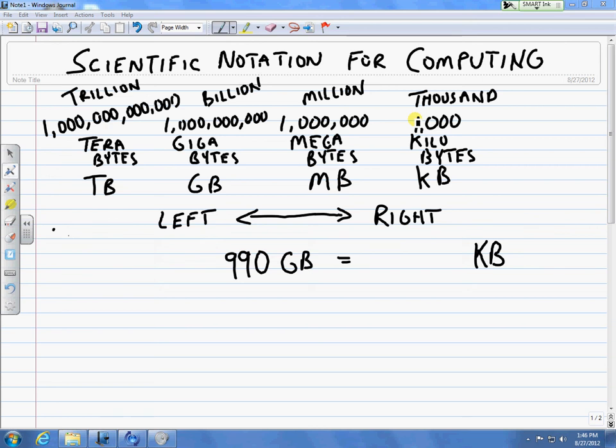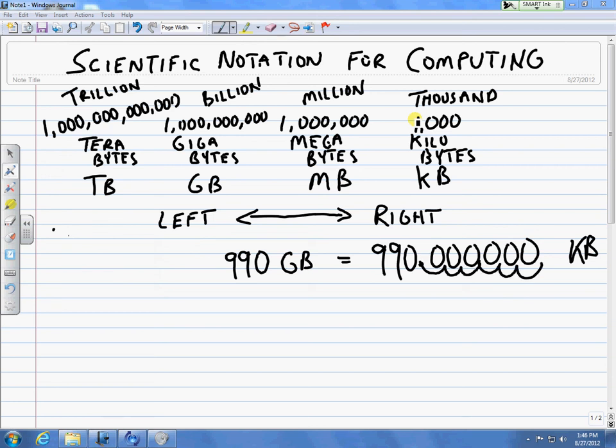So let me give myself a little room as I move through this. I start with my 990 gigabytes. I put my decimal position here. And again, I can put zeros on here. I'm going to move it to go to kilobytes. 3 positions, so 990 gigabytes is going to be 1, 2, 3, 990,000 megabytes, or 1, 2, 3, 990 million kilobytes.